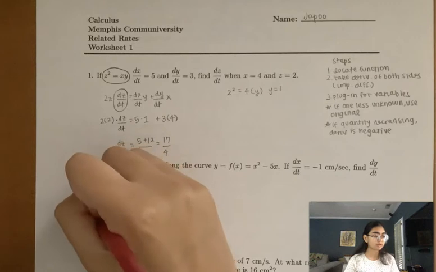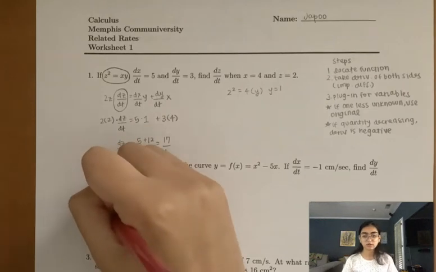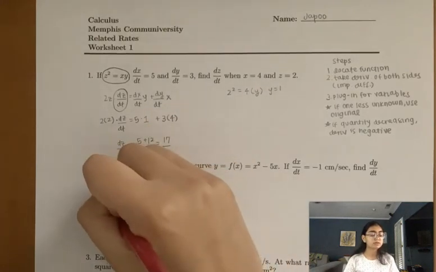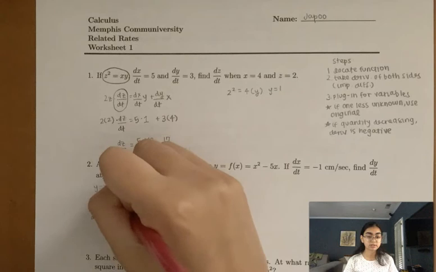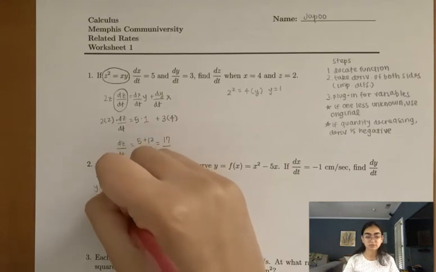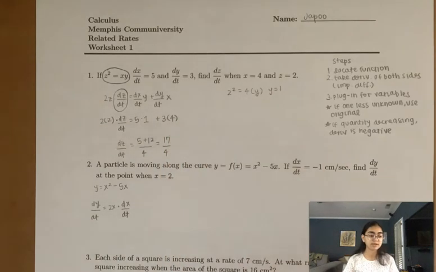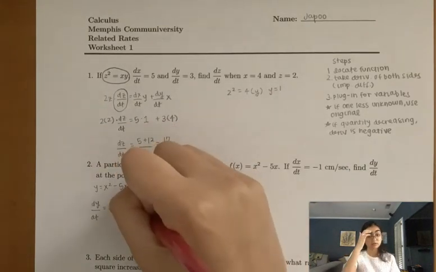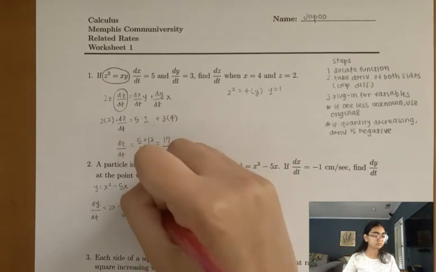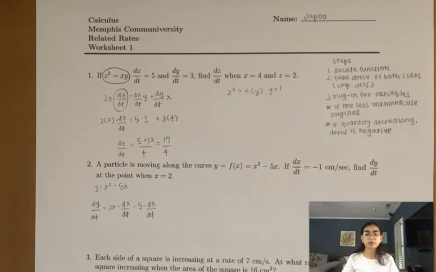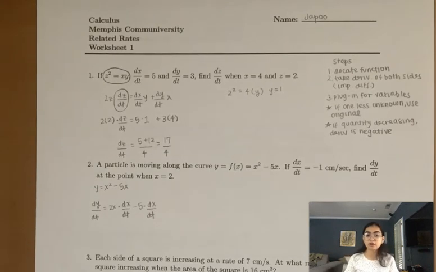So we're going to get dy over dt on the left side equal to 2x times dx over dt. Remember that the x's need derivatives still. Minus 5 times dx over dt. And so luckily in this problem, we're given every single variable that we need to find dy over dt.